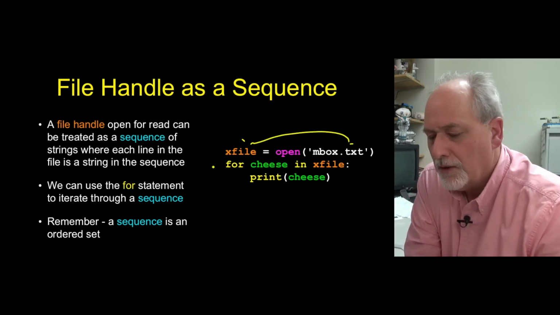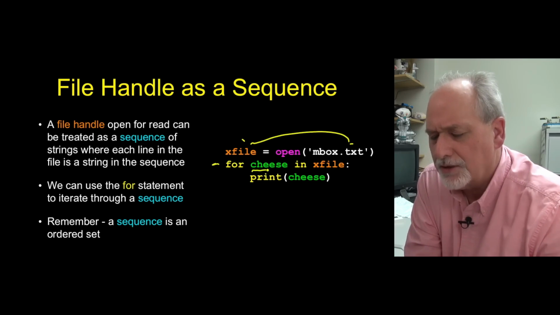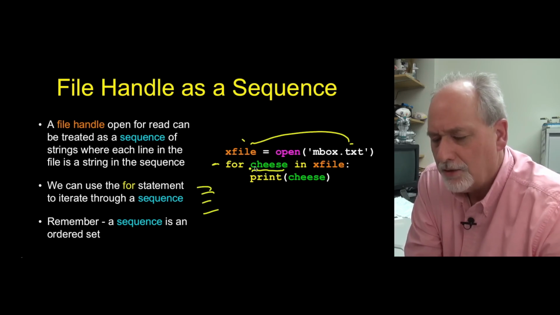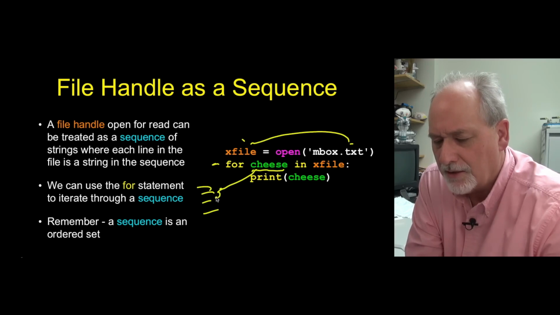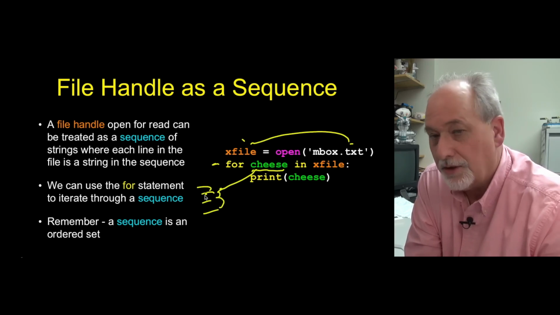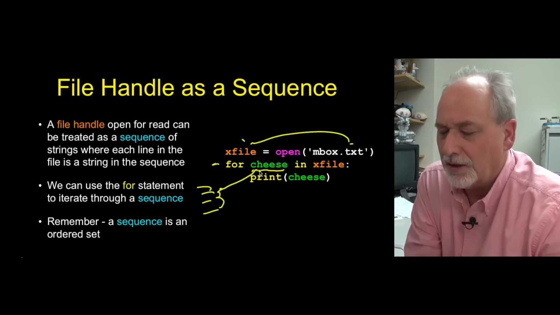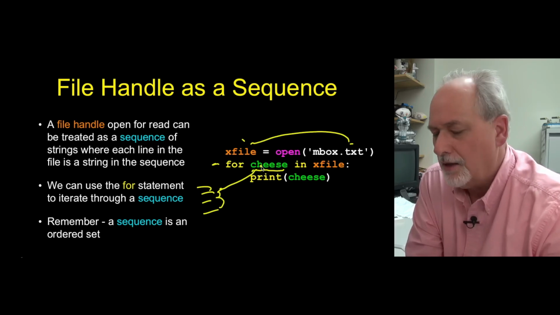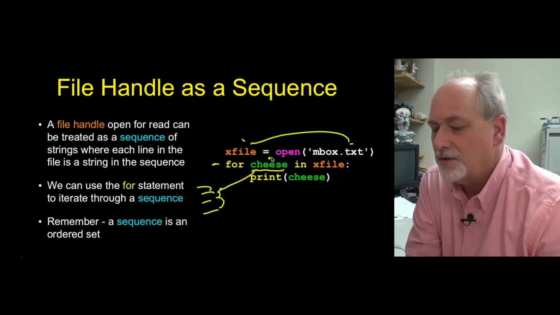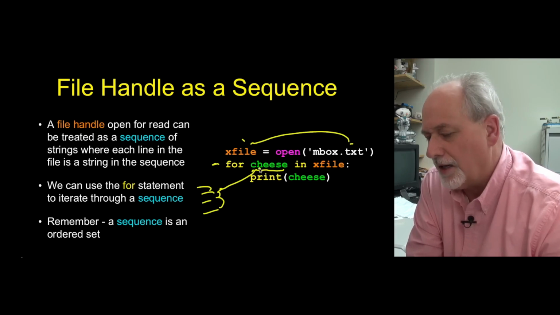We use the for loop, and we have an iteration variable. When we talk about the file, cheese is going to be the first line, then the second line, then the third line, then the fourth line. So it's like going through a string, but you're going through a file now, and you're getting it line by line. I just picked a variable named cheese so you didn't get confused. Later I'll call this line, but Python doesn't know anything special about naming that variable line.